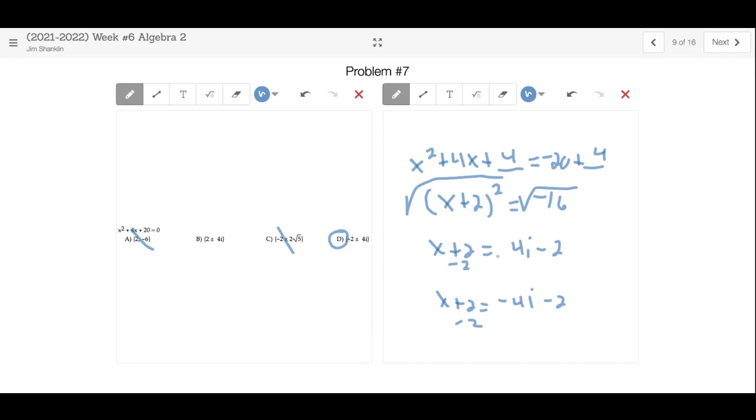But then I wrote it two different ways: x plus 2 equals 4i and x plus 2 equals negative 4i. Oh, I always do that. Anytime I take the square root of something, I always write it as a positive and a negative, and my last step was just to subtract 2 from both sides. I kind of was working all together because I always run out of room.